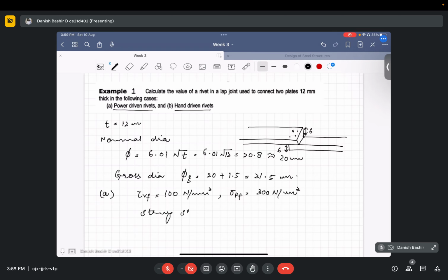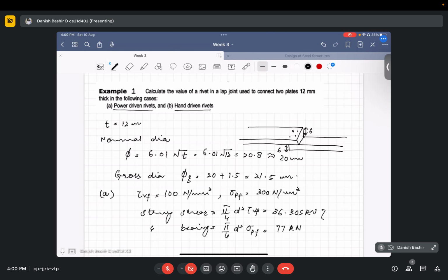So the strength in shear, if you put all the values, that is pi by 4 d square tau vf, comes out to be 36.305 kilonewton. Similarly, the strength in bearing, you have to put d times t times sigma pf, which comes out to be 77 kilonewton.